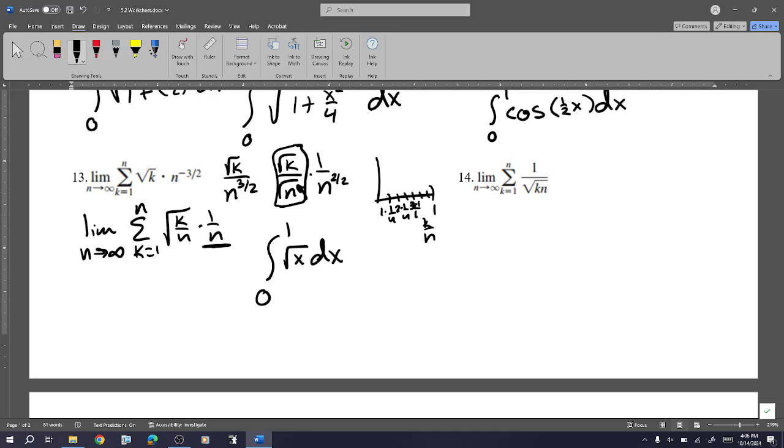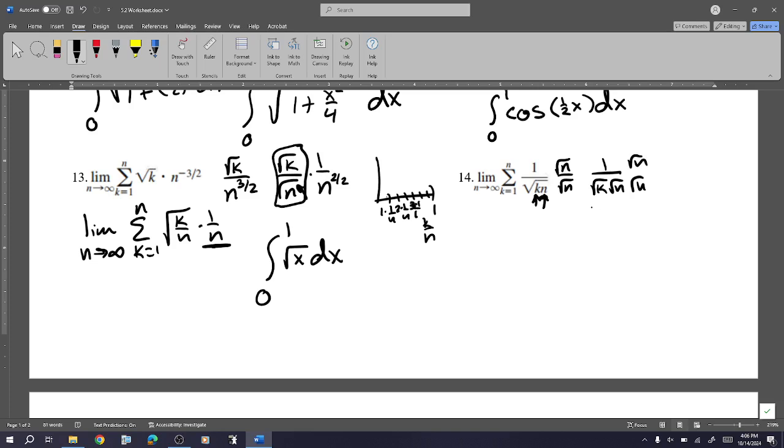This one's certainly the most tricky in my opinion. I need this to say 1 over n. If we multiply the top by square root of n and the bottom by square root of n, we can make this 1 over square root of k, square root of n on the bottom, and then square root of n is on top.